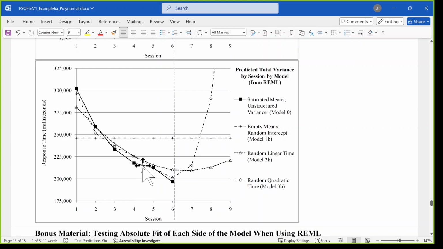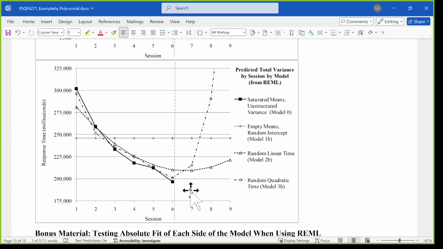Session 4, I think, is where it's the most wrong. I could leave in the dummy code for session 4, and that would essentially fill in the gap between what my line is trying to do and where the mean is. So I can turn on an intercept in an SEM context. I can estimate a slope for this dummy code in this context. So in a model like this, it doesn't matter which occasions you pick. You just need to pick as many as it takes to saturate up to the means. Okay, does that make sense?